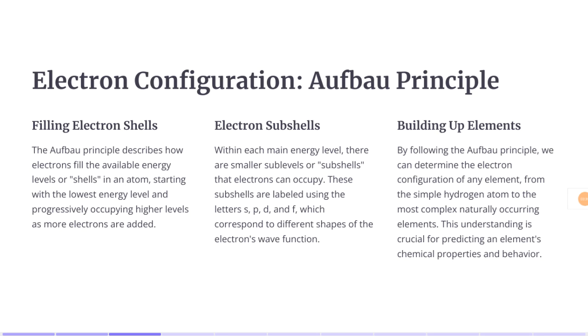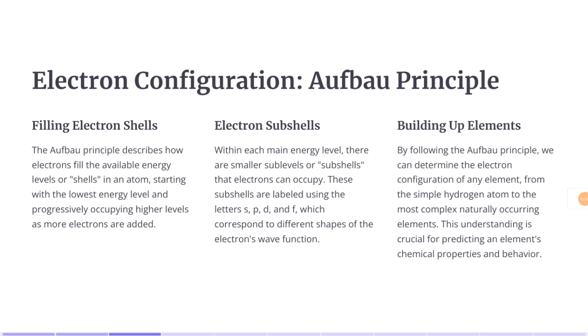Electron subshells. Within each main energy level, there are smaller sublevels or subshells that electrons can occupy. These subshells are labeled using the letters s, p, d, and f, which correspond to different shapes of the electron's wave function.